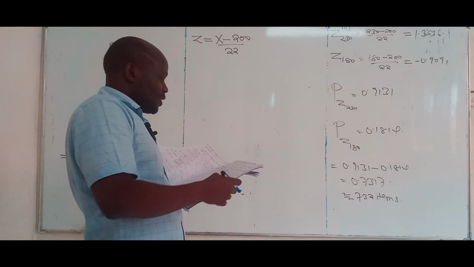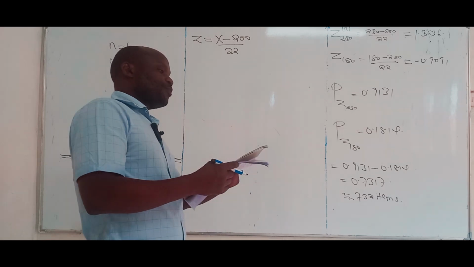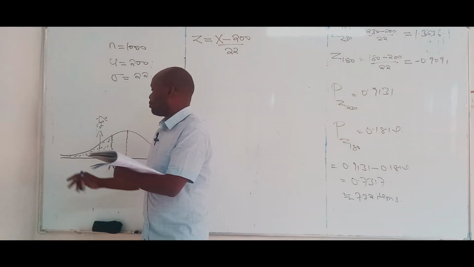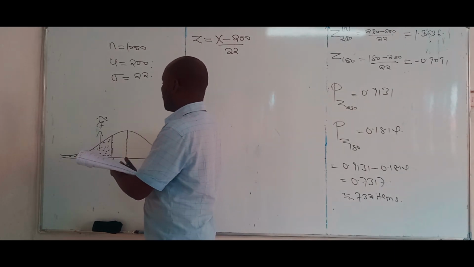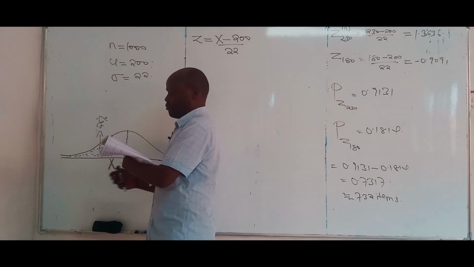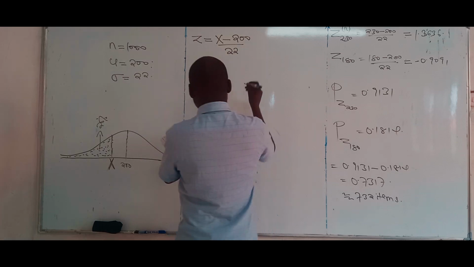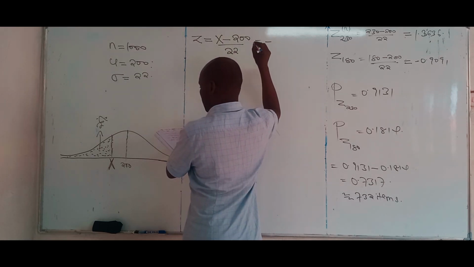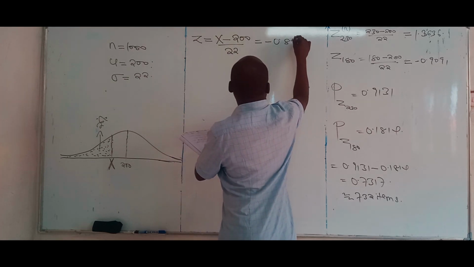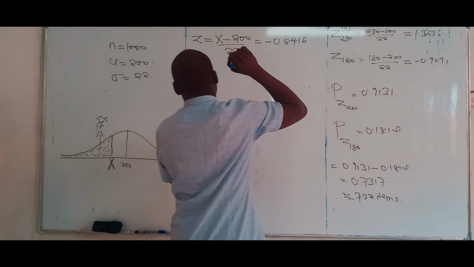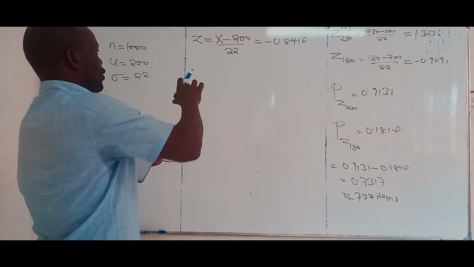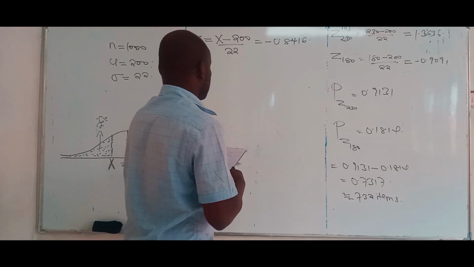But we want a Z value that corresponds to 20% from our table. If we read the Z score that corresponds to the bottom 20%, it's going to be negative because this is definitely on the left of the mean. So that Z score is negative 0.8416, as we see from the table. How we do it, I'm going to show you towards the end of this class.